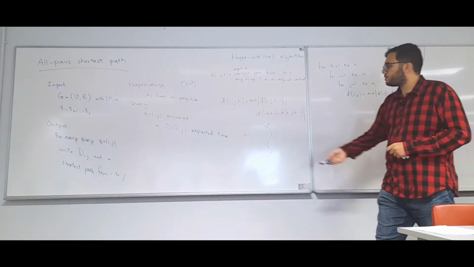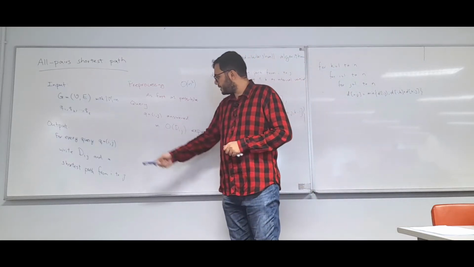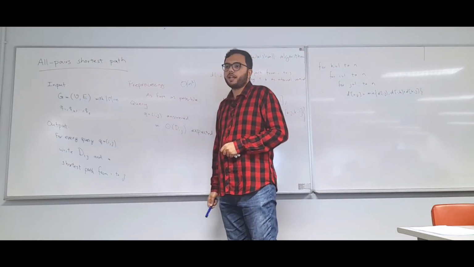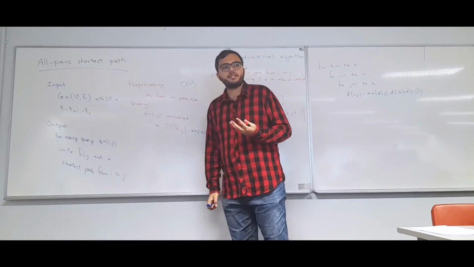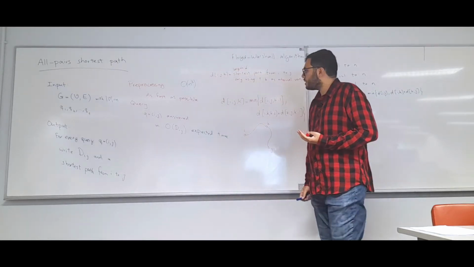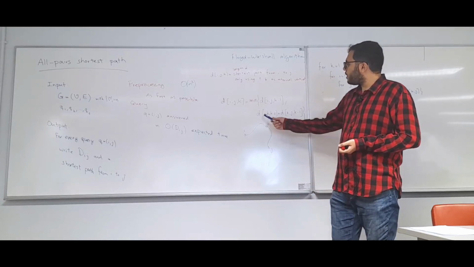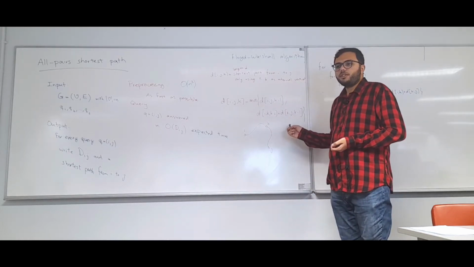But how about querying? Well, when I do the query, I have to write the distance, and I have to also write the shortest path. So writing the distance is easy. But how do I find the actual path? Well, I just have to keep track of how I updated my variables here.